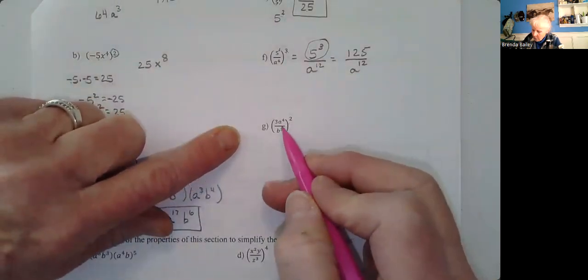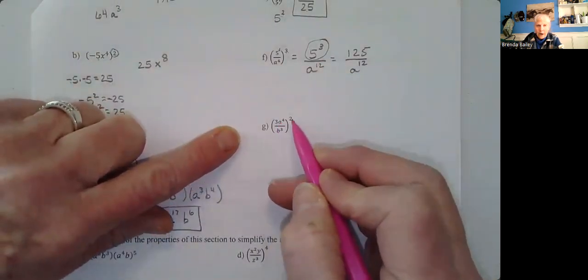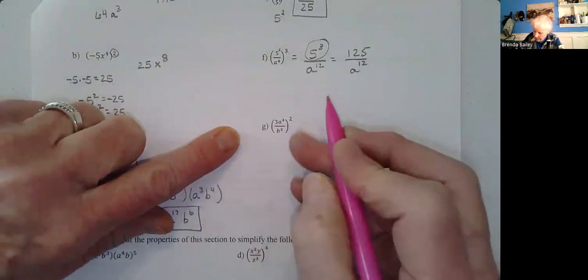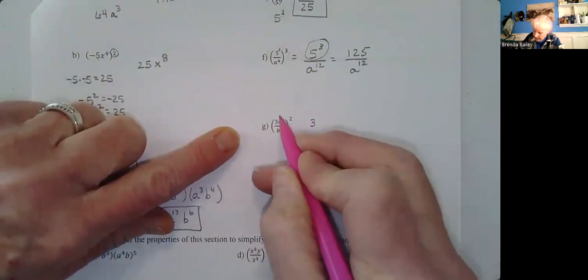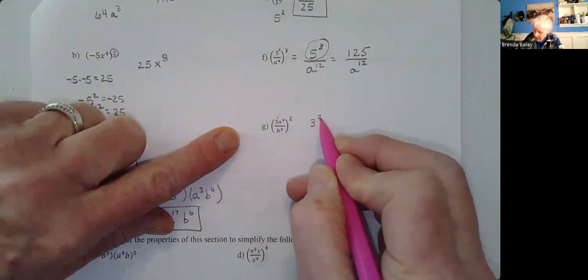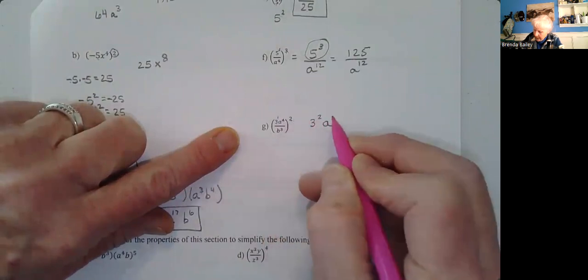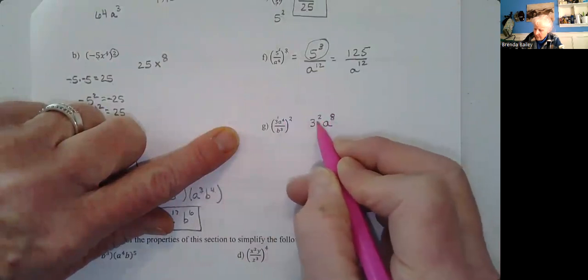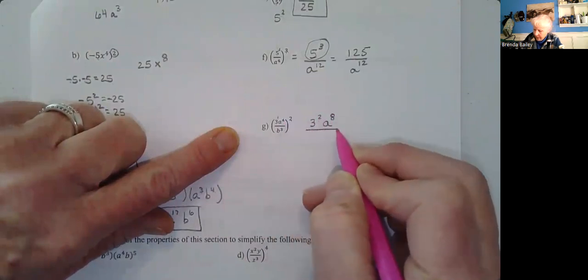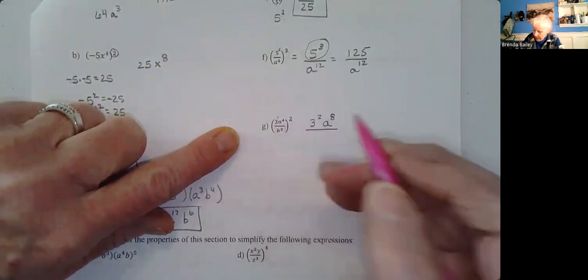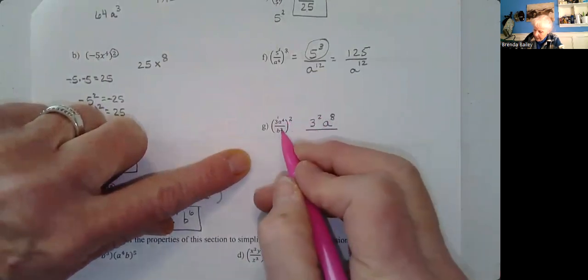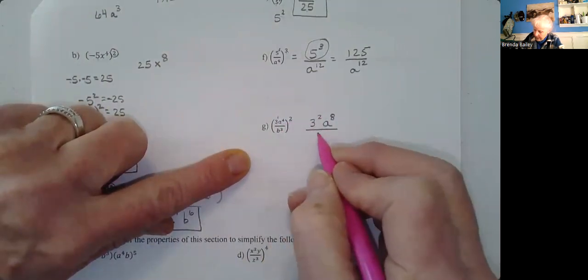Okay, looking at this, we have 3 squared. 4 times 2 is 8. Now the 3 squared, some of you will just put 9, and that's fine. 3 squared, just put 9. 3 times 2 is 6.